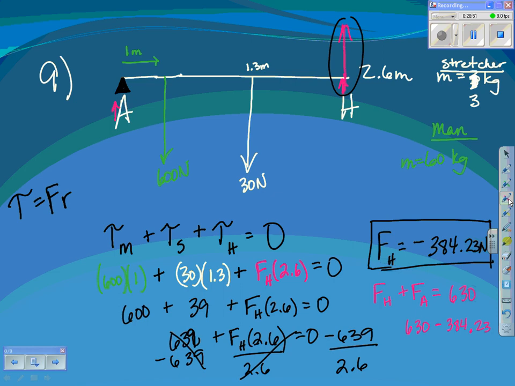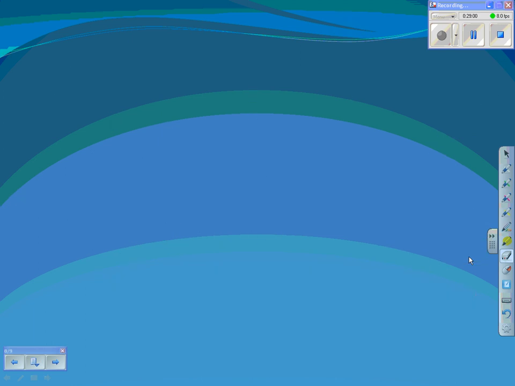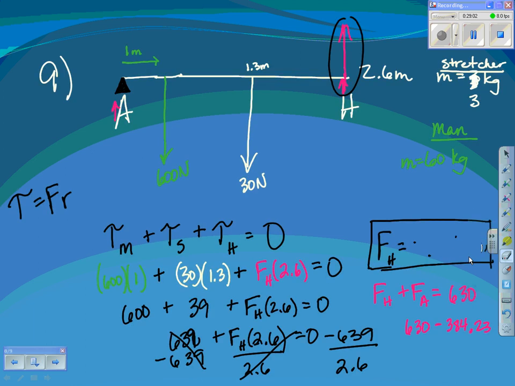If y'all are not hollering, I don't know what you're doing, okay? Y'all should have been hollering at me, because this is not this value here. Okay, stop it. That value should be 245.77 newtons negative.